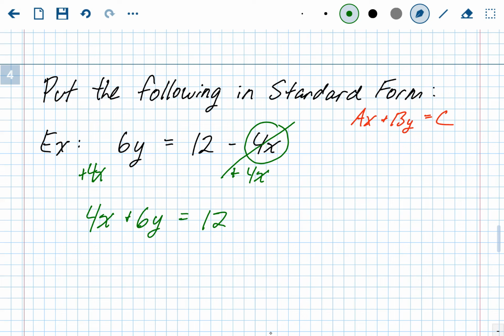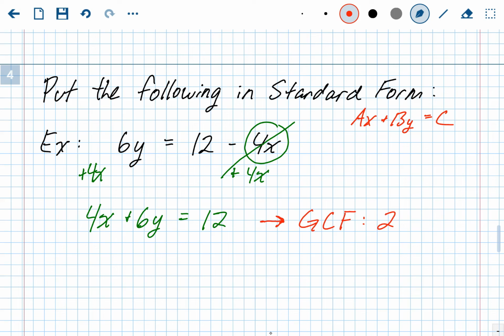That looks like it's an ax plus by equals c form. Make sure it is in that form: variable terms on the left, constant terms on the right. But does it break any of our rules? And it does. The GCF of a, b, and c, where a is 4, b is 6, and c is 12, is 2.